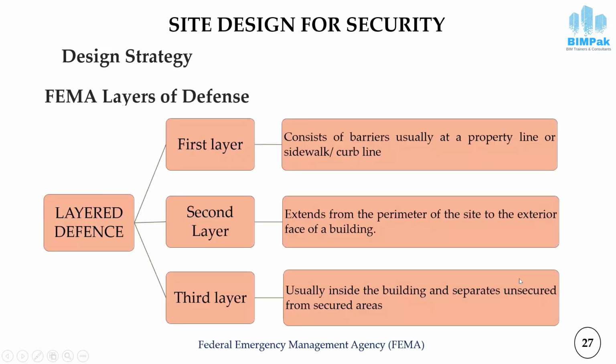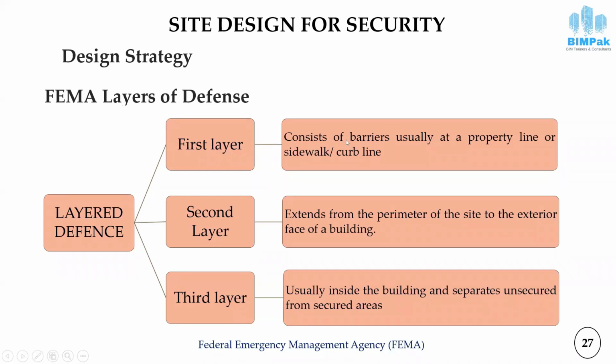There are 2 types of codes which address this security design. The one is FEMA, Federal Emergency Management Agency, and according to these guidelines, they have categorized the defense line into three categories.